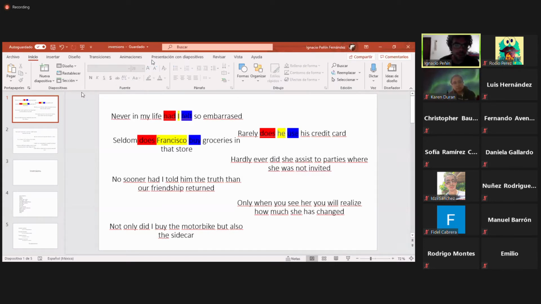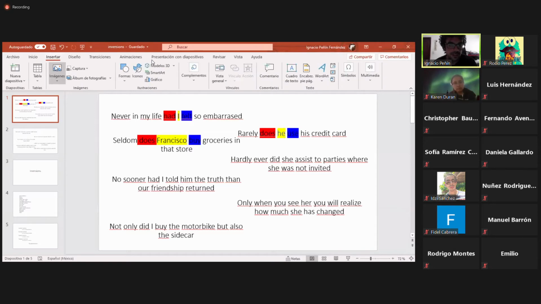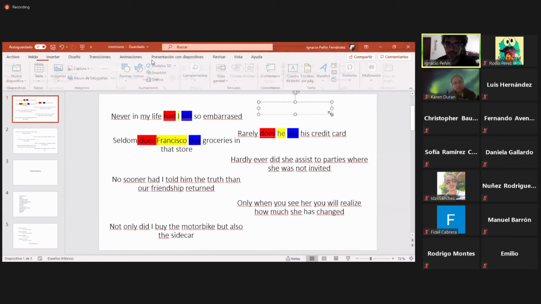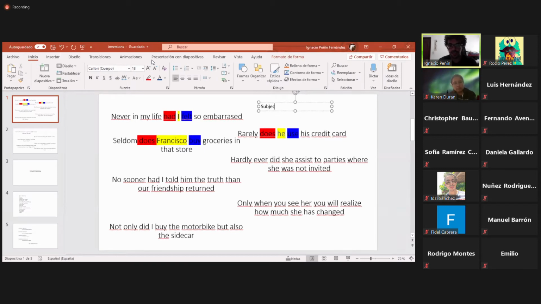I will write it here. The usual structure is subject plus verb plus rest of the sentence. What is the auxiliary?